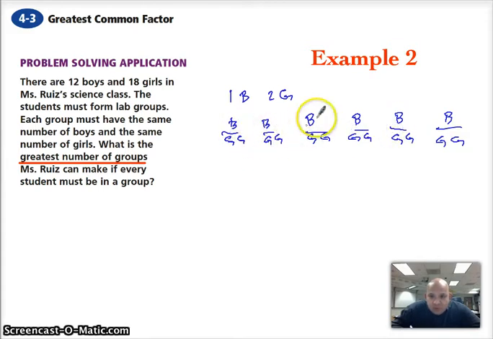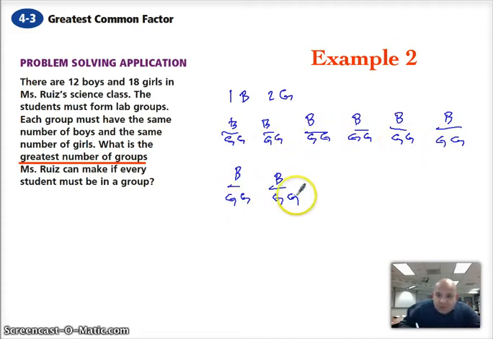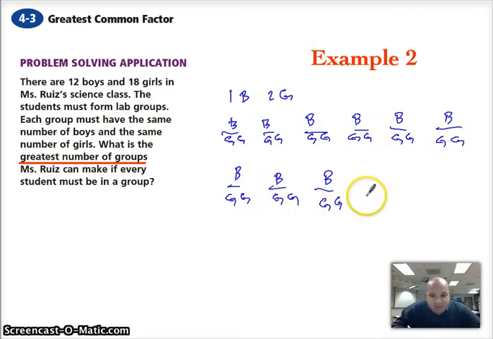So far we got 1, 2, 3, 4, 5, 6 groups. Let's put some more down here. 2, 4, 6, 8, 10, 12, 14, 16 girls so far. And now we have 18 girls. 18 girls indicated as a total up here. So we've got 2, 4, 6, 8, 10, 12, 14, 16, 18 girls all taken care of.